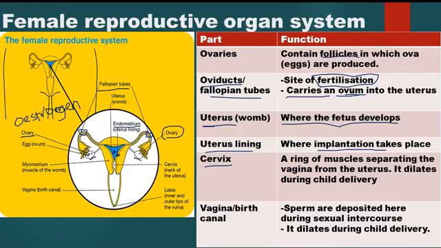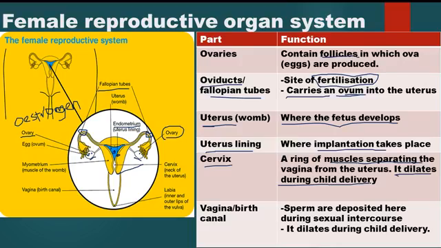Then we have the cervix. That's where the cervix is. The cervix is just a ring of muscles. It separates the vagina from the uterus. And apart from that, during child delivery, it dilates, it increases in size, so that the child can pass through easily.